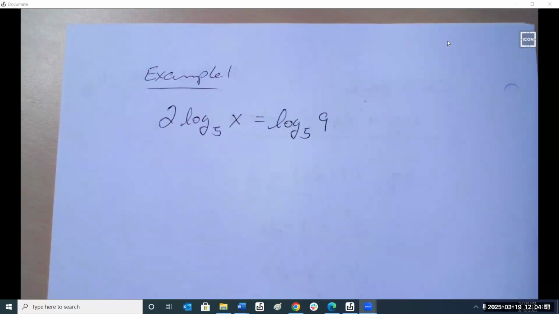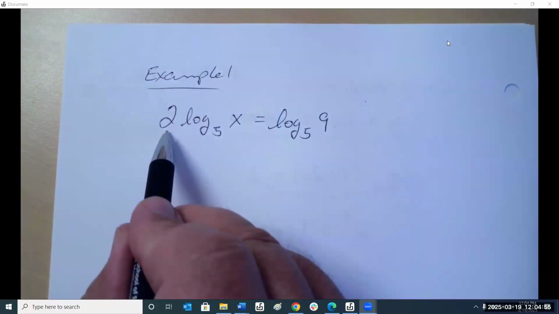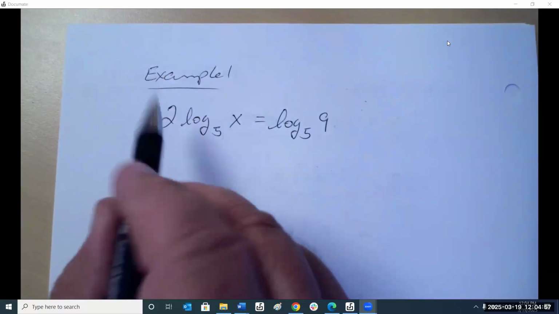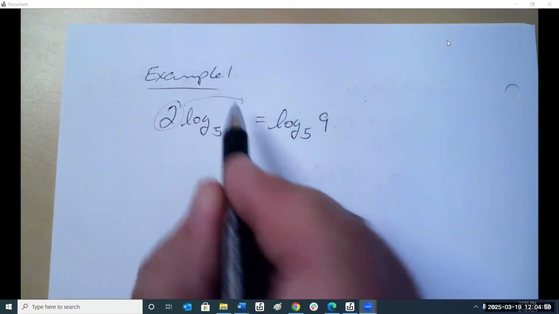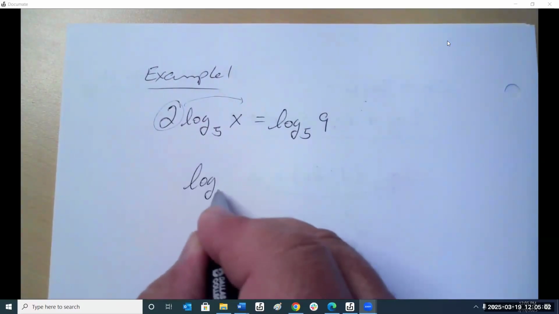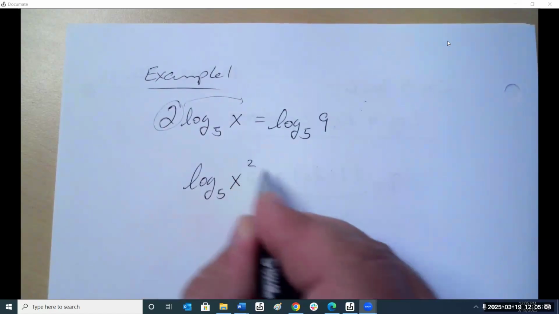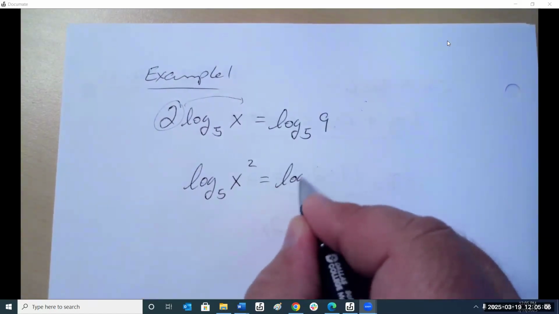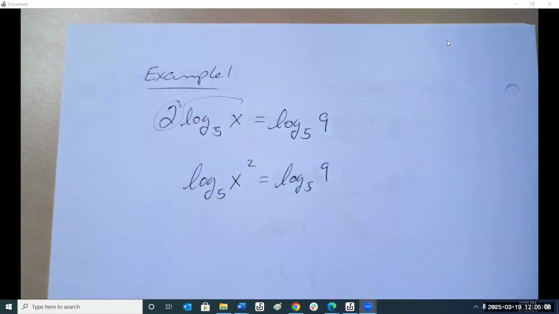Stop, you're going too far. What do we do with this coefficient here? It becomes an exponent. So we have log base 5 of x squared equals log base 5 of 9.